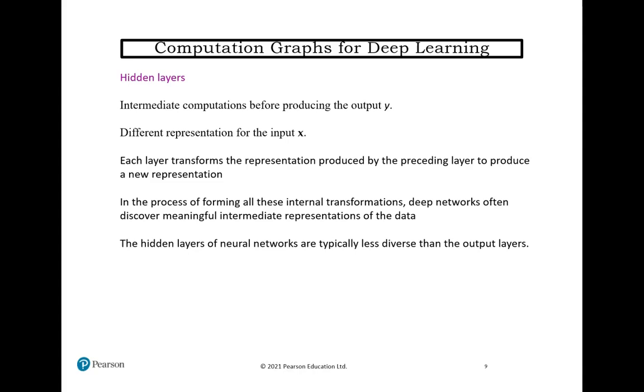In the process of forming all of these internal transformations using the weights, the deep network finds meaningful intermediate representations of the data. That's how neural networks converge to a solution: by continuously transforming the data from one space to the next, and through each transformation we learn something about the data.